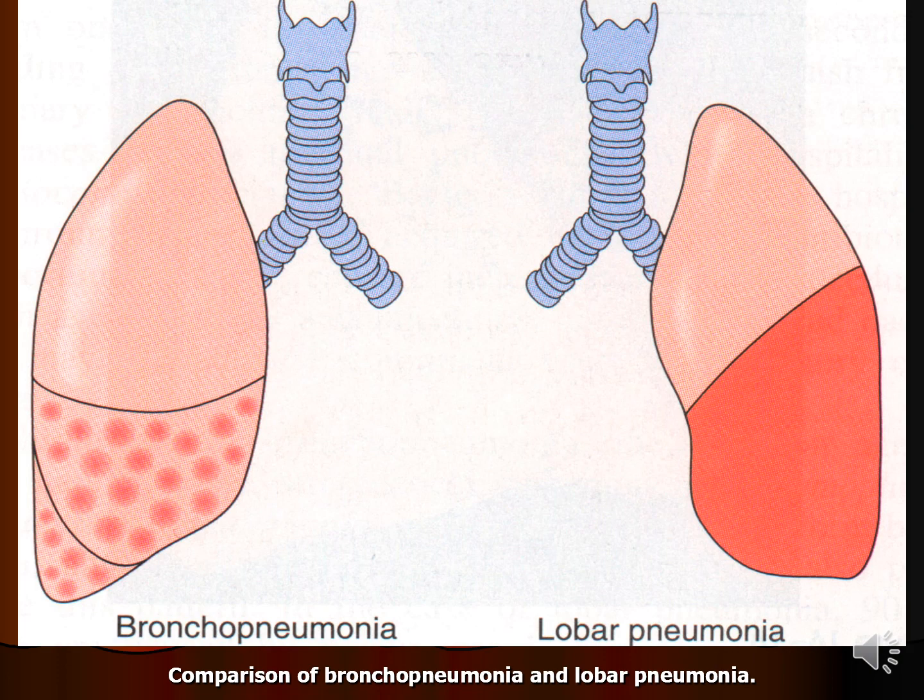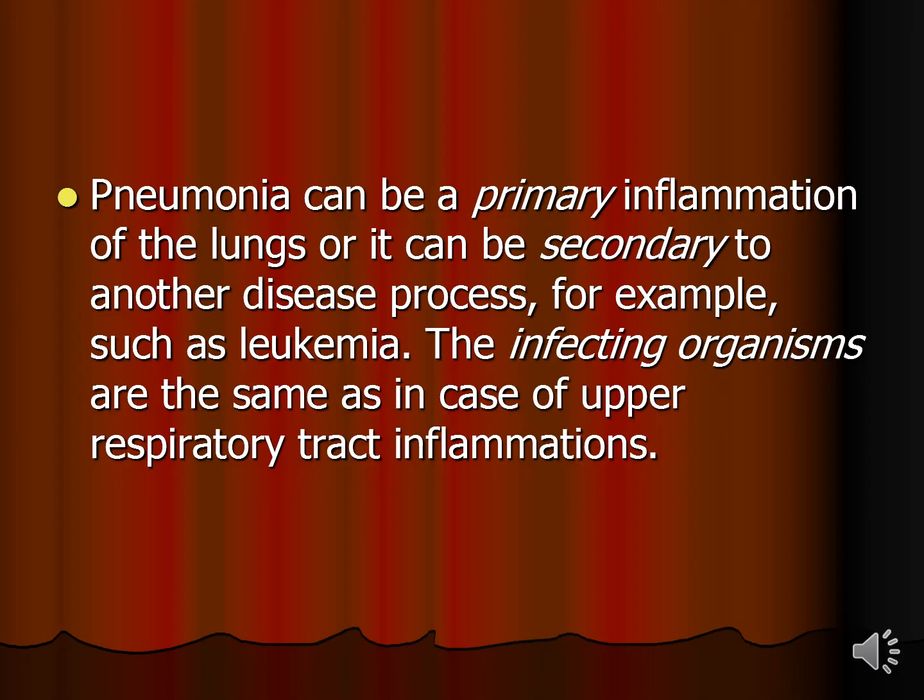So in bronchopneumonia, the areas of inflammation are usually connected with bronchi, but lobar pneumonia particularly involves the whole lung lobe.